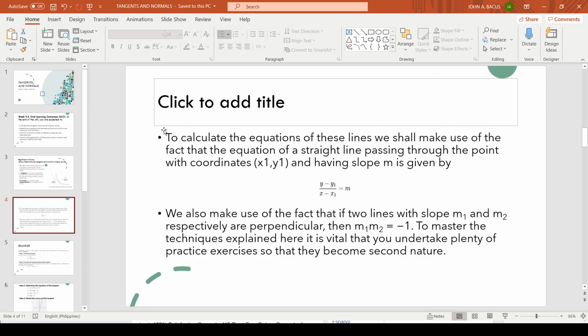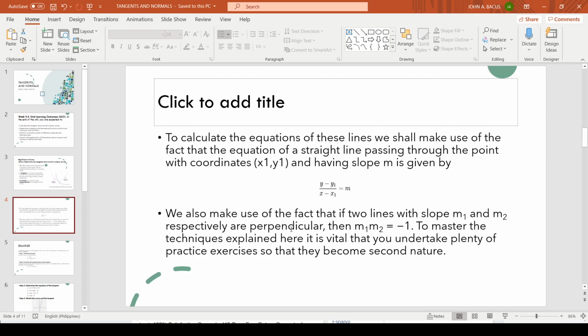Sometimes only one coordinate, x or y, is given. If only one coordinate of the point is given, then you substitute that to the original equation to get the other coordinate. Okay? So it sounds confusing, right? Maybe in our next example, you will understand more of it.